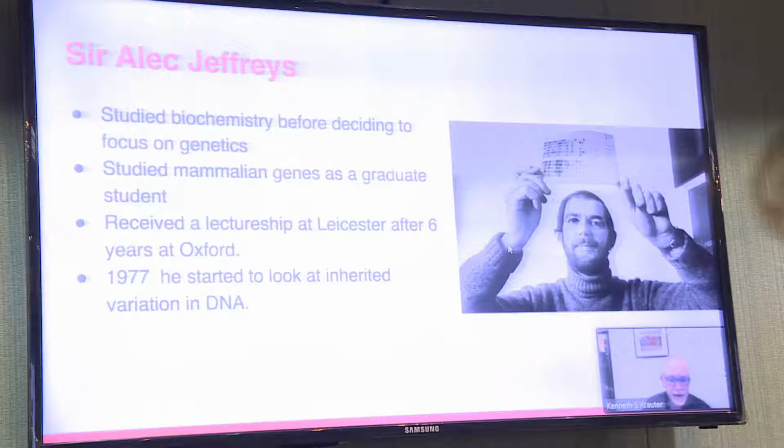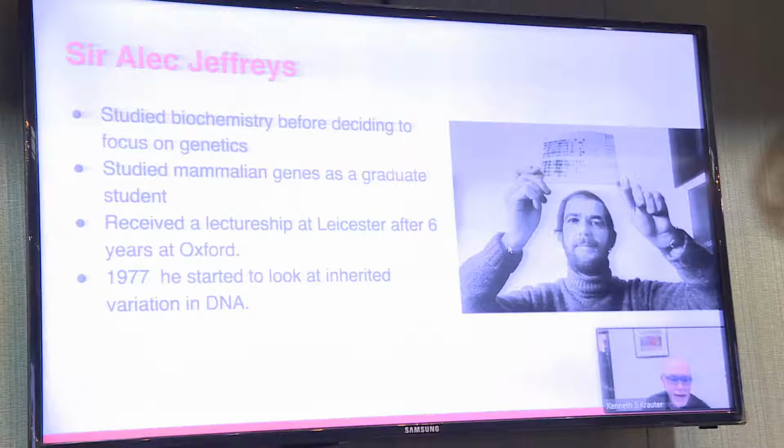The sort of forensic DNA sequence analysis traces its origins back to a fellow called Sir Alec Jeffreys. Alec Jeffreys was a regular scientist studying genetics in Leicester, in Great Britain. He was a biochemist by training, but got interested in DNA and repetitive DNA sequences.